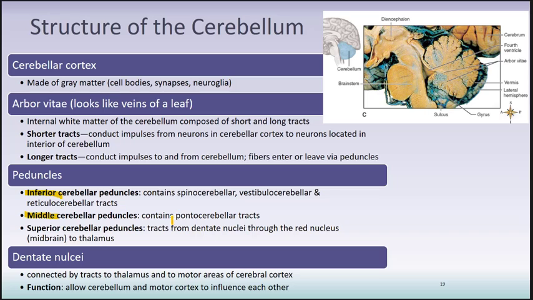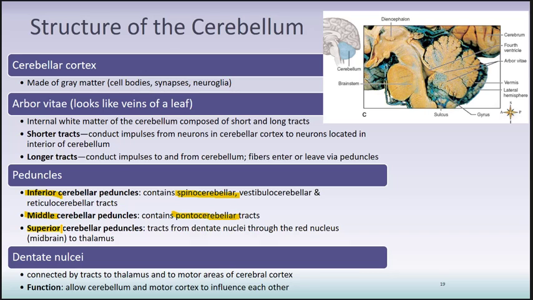So we have here the pontocerebellar tract. Remember that when we talk about these tracts, the first part of the word is where it originates, and the second part is where it ends, where it's traveling to. So in this case, from the spine to the cerebellum.